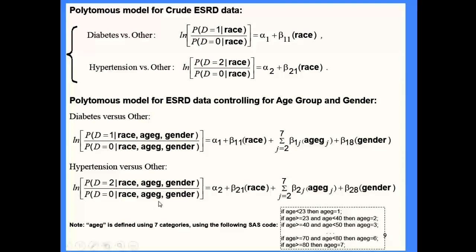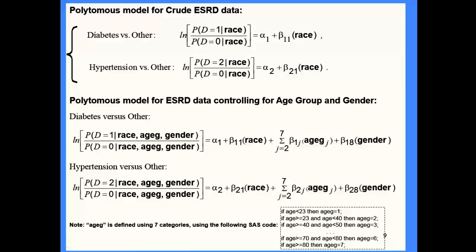What does the reduced model have, how is it different from this full model? There are two terms being dropped. What are they? This one and this one, right? But you're leaving these terms in there because you're still controlling for them. You're only testing whether race is significant in this model, race taken together, given that you've got three categories.